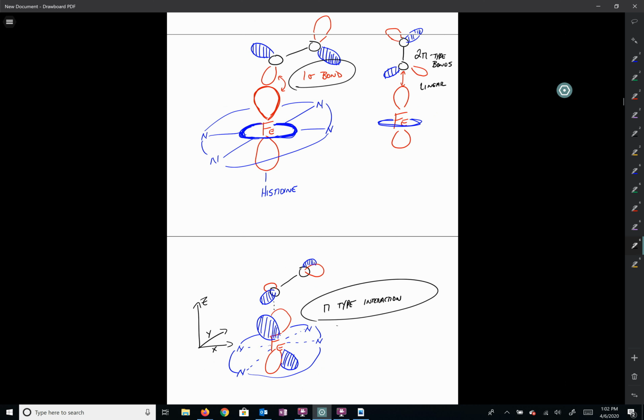And if we bind oxygen in this bent end-on manner, we can make a sigma bond and a pi-type interaction. And that's a good thing. Those are positive things that encourage the oxygen to want to bind in this bent manner, as opposed to the linear or the side-on, which are the other two options.